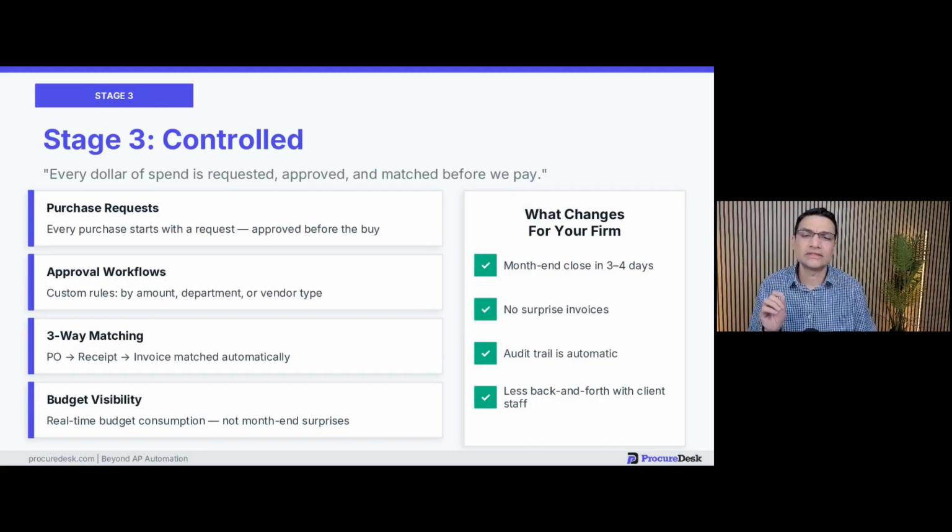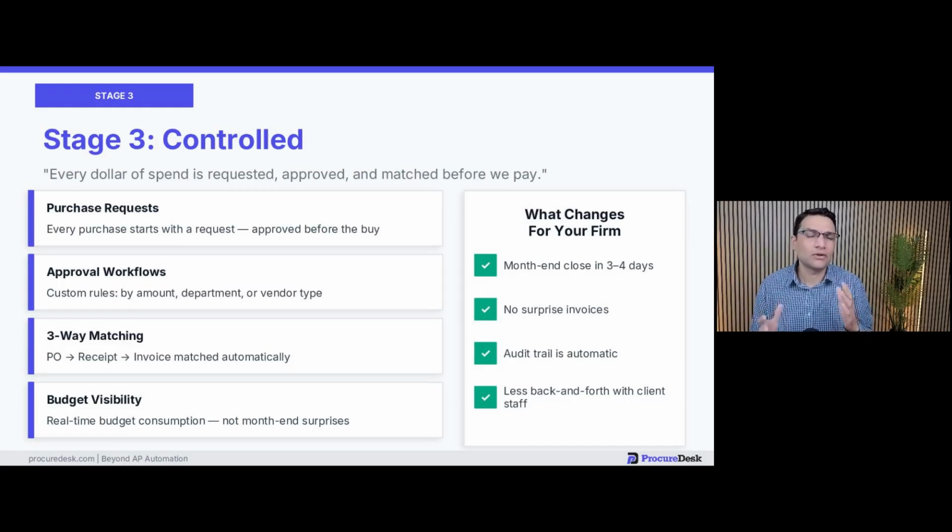And typically, it is tied to budget visibility, in terms of your ability to see proactively that you're not going over the defined budget. So there is some sort of system check that is happening, which says, all right, do you even have the money before we move with this purchase? So that's happening automatically. And when the invoice comes in, you're matching it with receipts, you're matching it with purchase orders, and so on, right? That's what we call control.